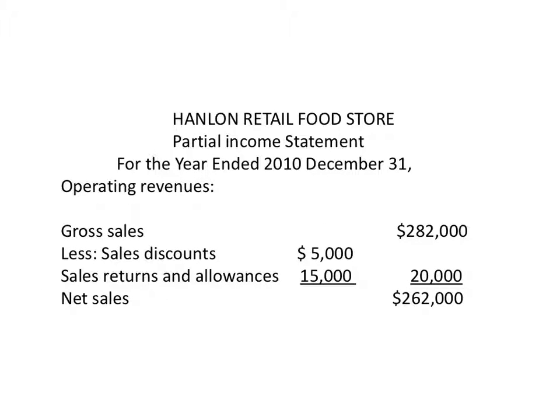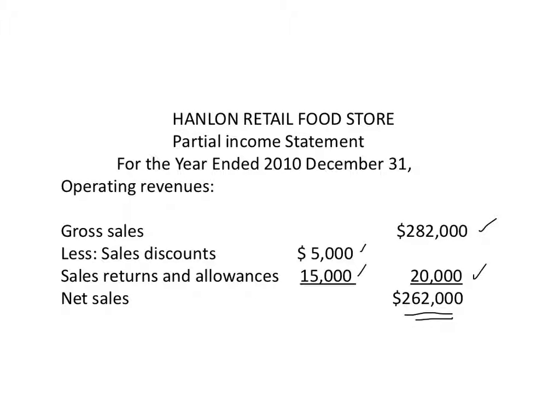Finally, we put it all together, and this is a partial income statement for Hanlon Retail Food Store, let's say. Now the revenue section starts off with gross sales, $282,000. We subtract sales discounts and sales returns and allowances, a total of $20,000, and therefore we show net sales of $262,000.